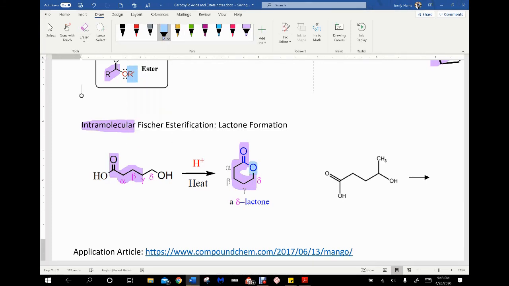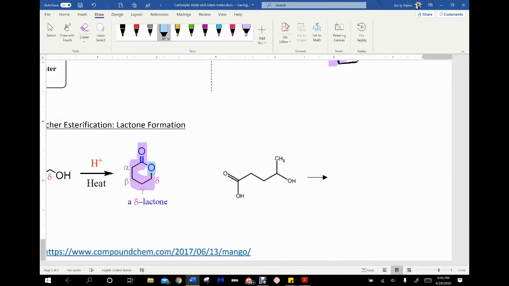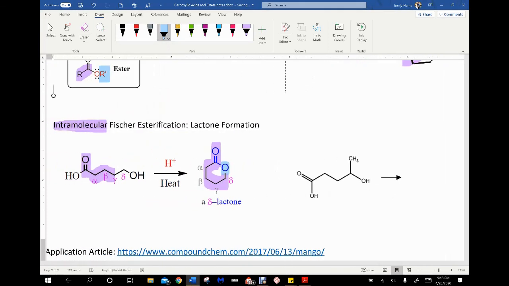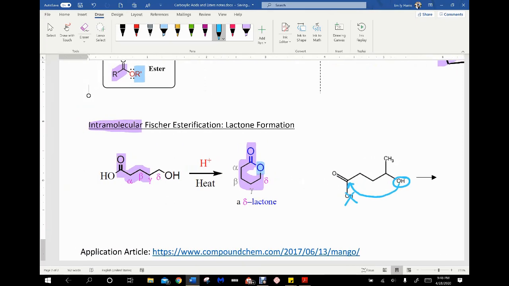All right, so if we give this a try just to see how all of this would fold up, essentially what will happen is we're going to have a bond where these two groups are. So essentially this group will be leaving at some point, and this oxygen will now be bonding to this carbon to create an ester. So same thing here, we're bringing the bond to the carbonyl.